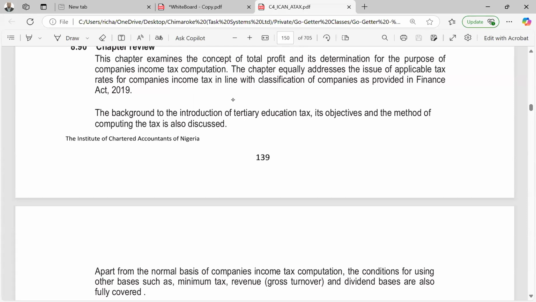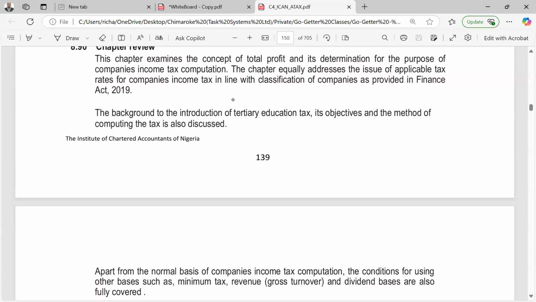Then we adjust it for balancing allowance and balancing charge, which comes after loss relief has been taken into account. Then capital allowance. Your capital allowances come after your loss.